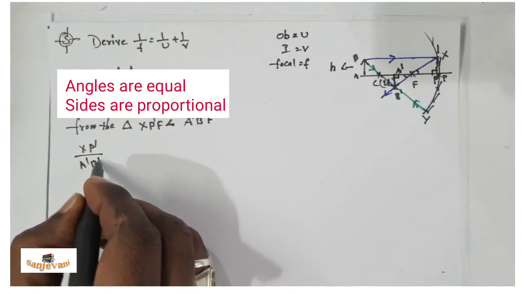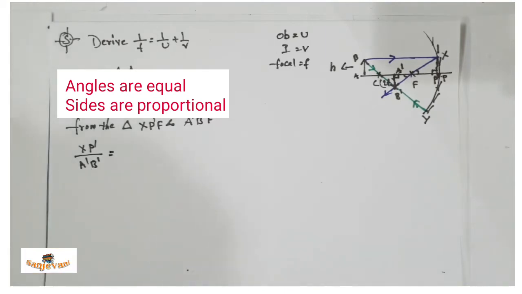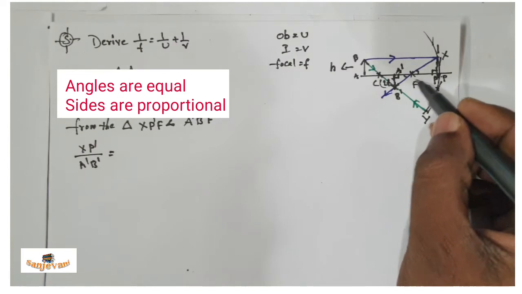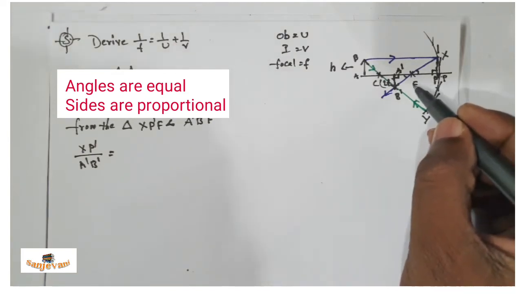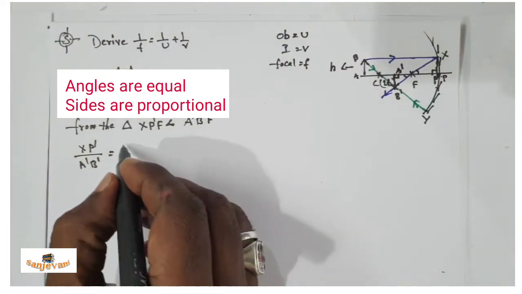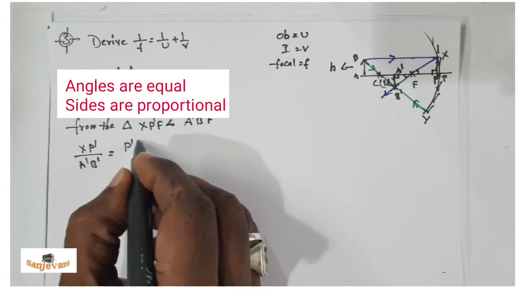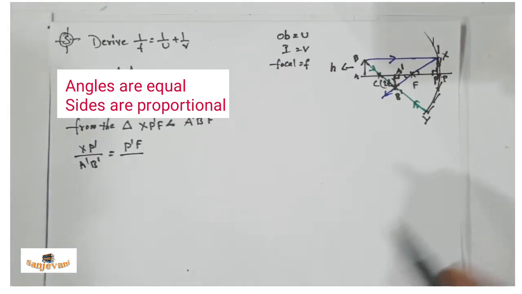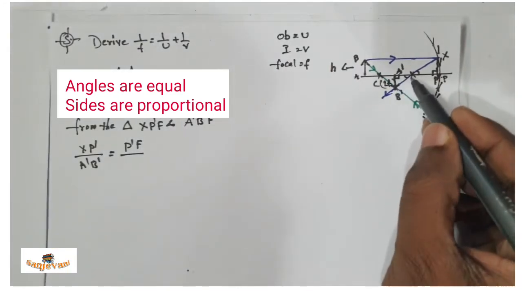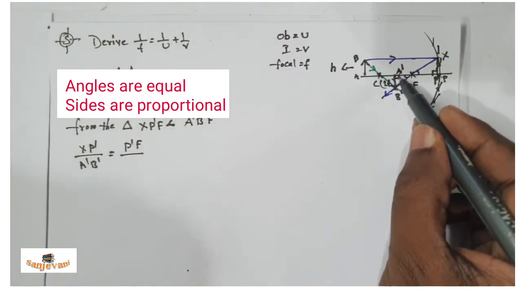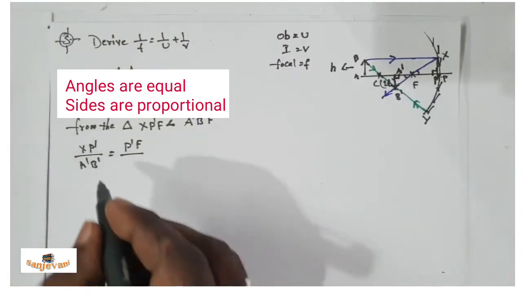That side ratio must equal the other two sides. Let me take this adjacent, P dash, F, or F, P dash, you can take any one. Next, here what is the adjacent? This one. F, A dash.